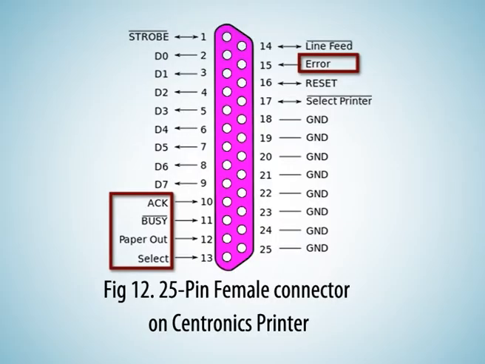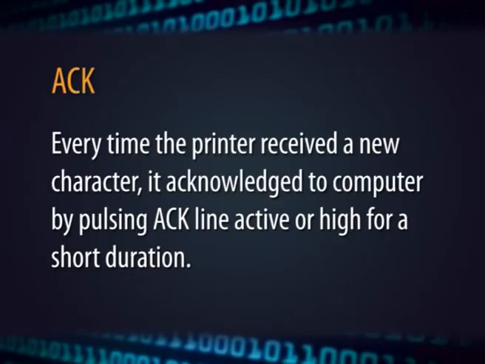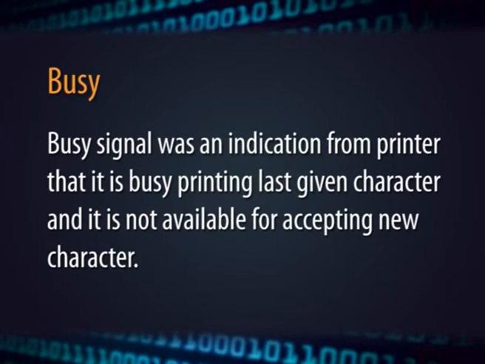3. 5 status signals from printer to computer as input, known as ACK or acknowledge, busy, select, error and paper out. Every time the printer received a new character, it acknowledged to the computer by pulsing the ACK line active or high for a short duration. Busy signal was an indication from the printer that it is busy printing the last given character and is not available for accepting a new character.